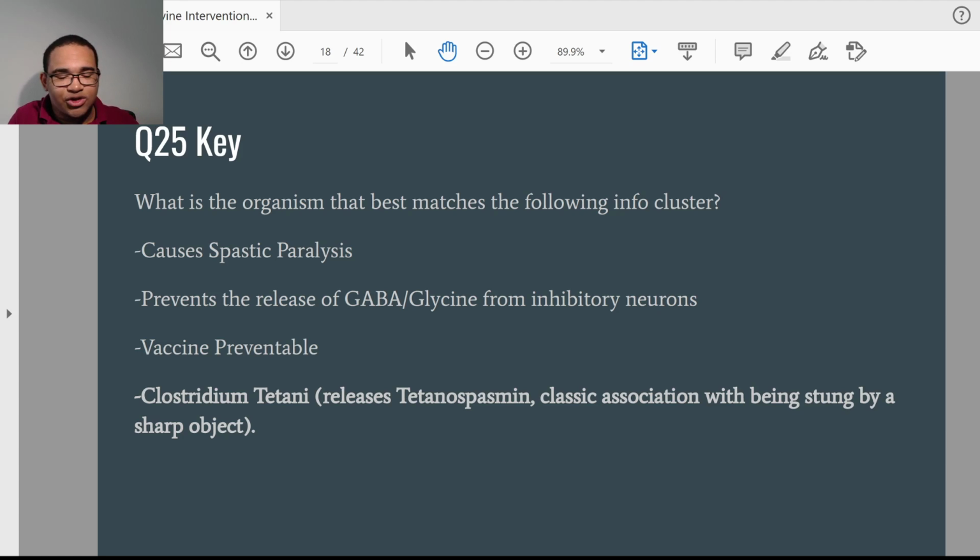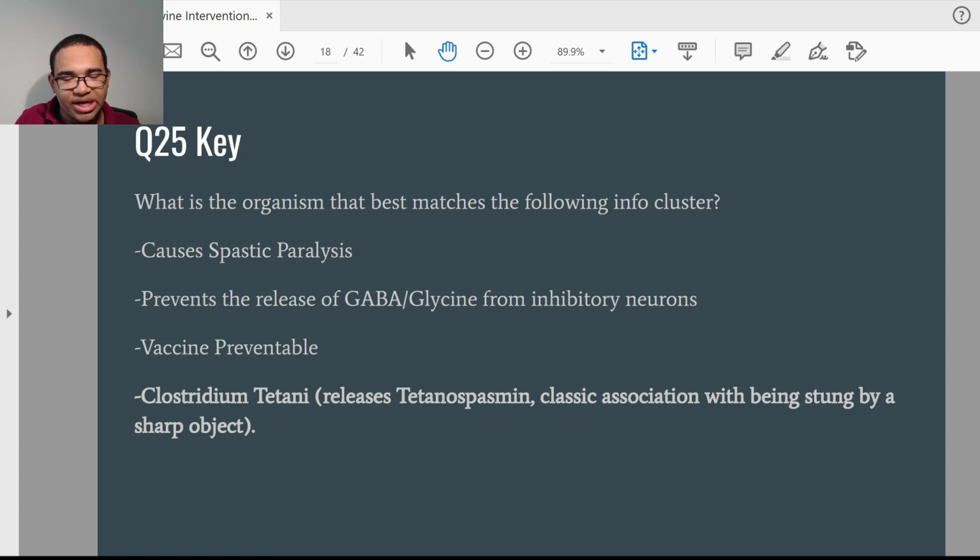So remember C. tetani, right? It cleaves. So this is one very awesome way your friends at the MBME can integrate cell biology and micro, right? The tetanus toxin cleaves SNARE proteins. And remember, you need those v-SNAREs and t-SNAREs to bring those bags of neurotransmitters, those vesicles that contain neurotransmitter, to the synapse, right?